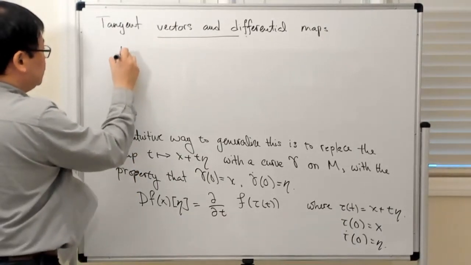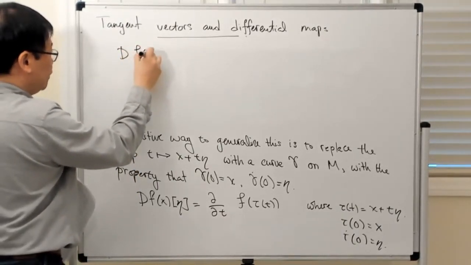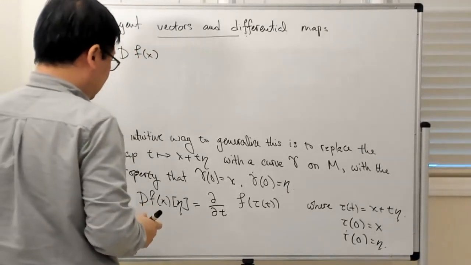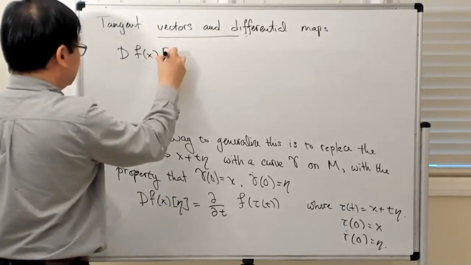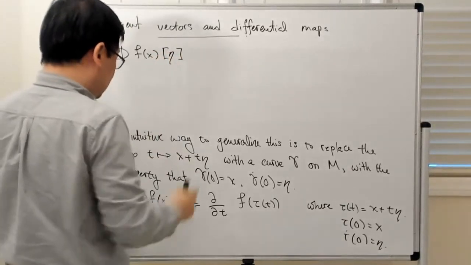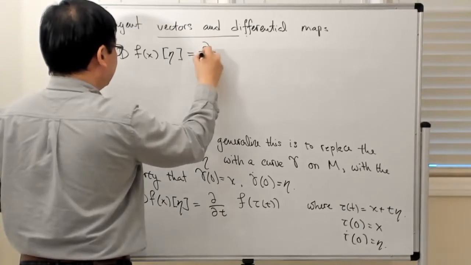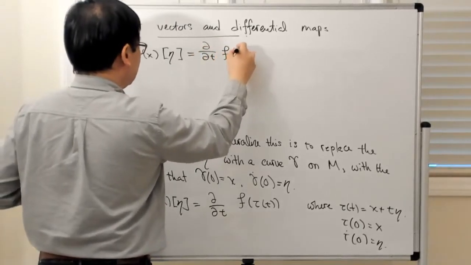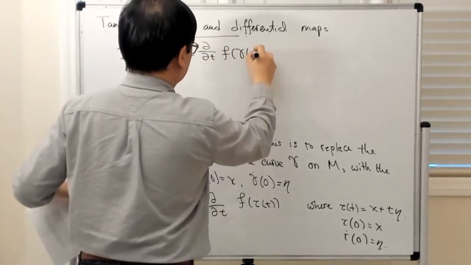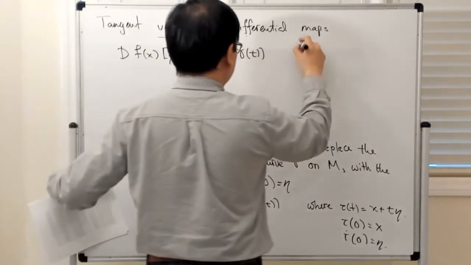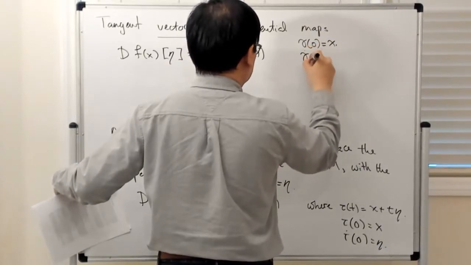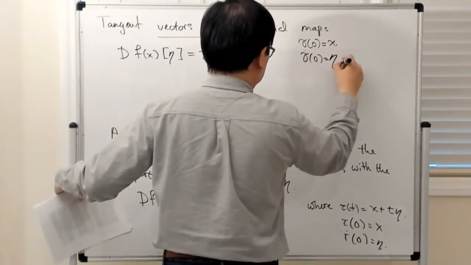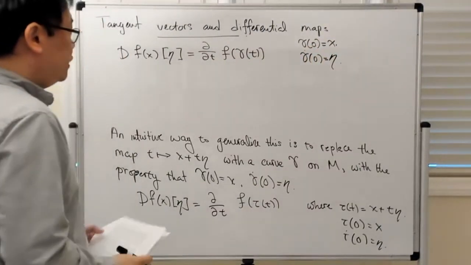I'm going to say df of x, again in some direction eta, is going to be the derivative of f along some curve gamma, where we have the property that gamma at 0 is the base point x, and gamma dot at 0 is this tangent vector eta.